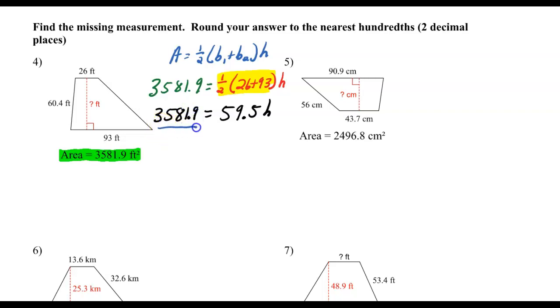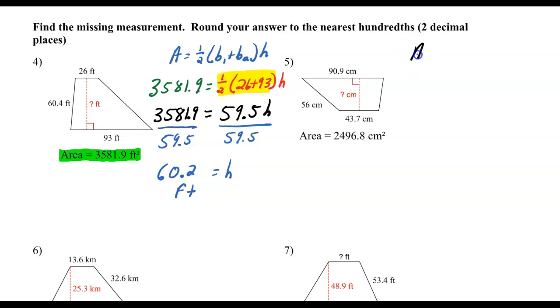We'll divide both sides by 59.5. Typing that in my calculator, we'll get the height to be 60.2 feet. If you want to pause the screen and try problem number 5, please do so.